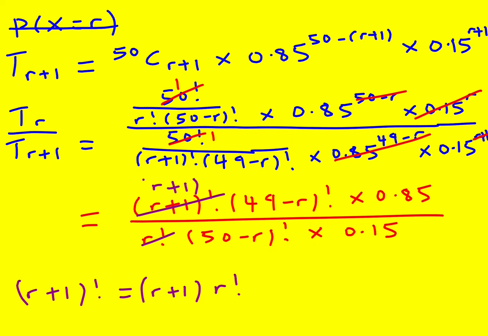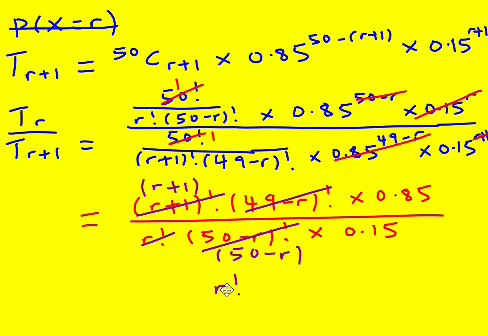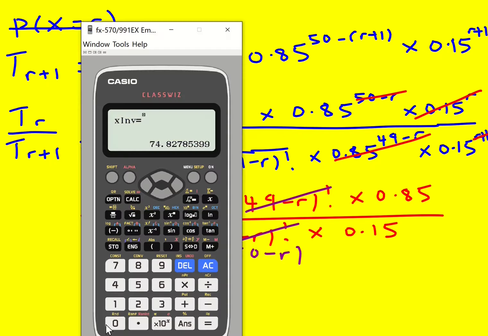And the same applies here. I've got (50 minus R) times (49 minus R) factorial here. So this cancels with this to leave 50 minus R. I didn't say this question was easy, did I? Okay, all we need to do to finish is work out what 0.85 divided by 0.15 is.